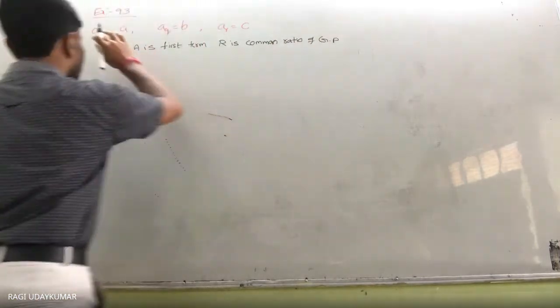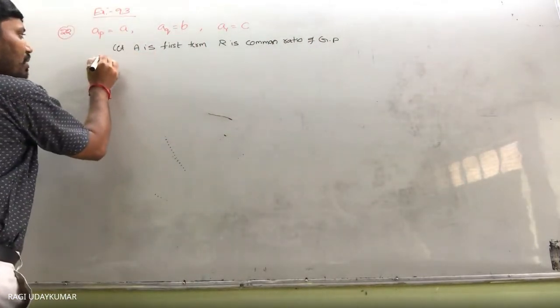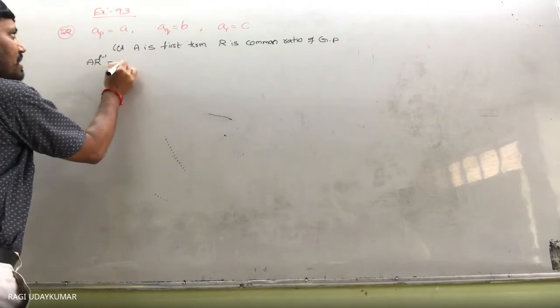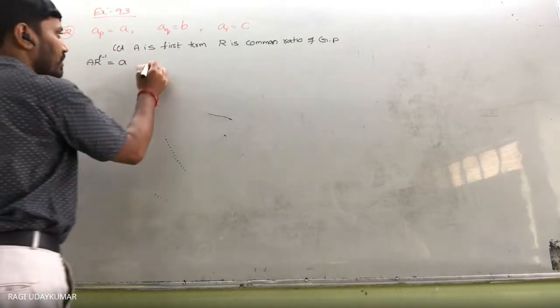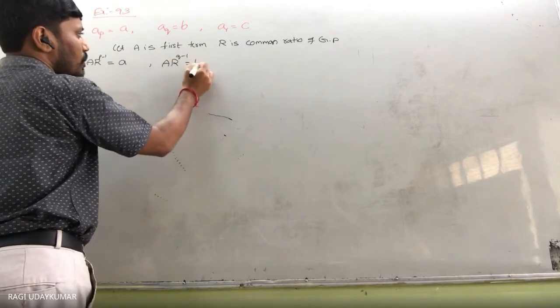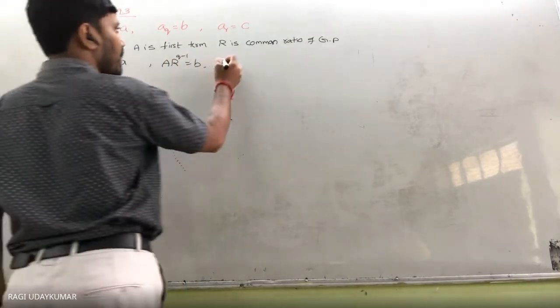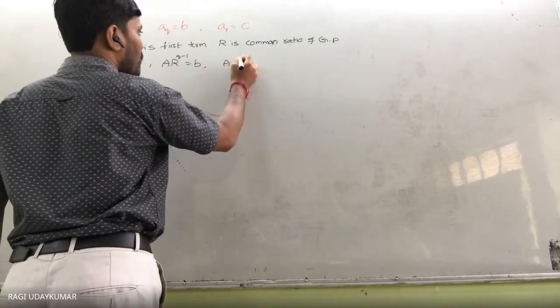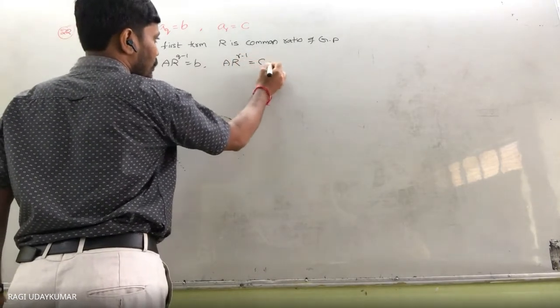Then capital A R to the power of P minus 1 is equal to a, capital A R to the power of Q minus 1 is equal to b, capital A R to the power of R minus 1 is equal to c.